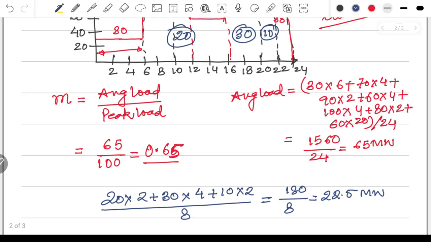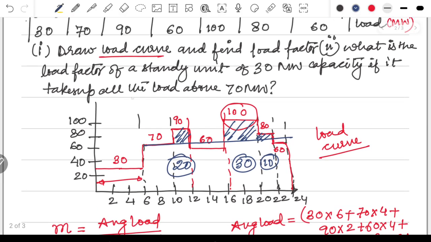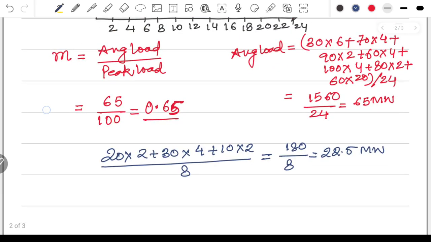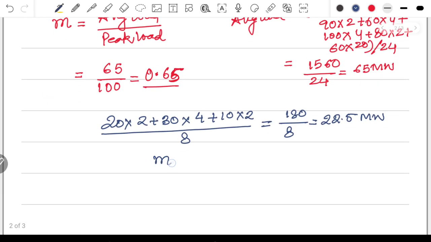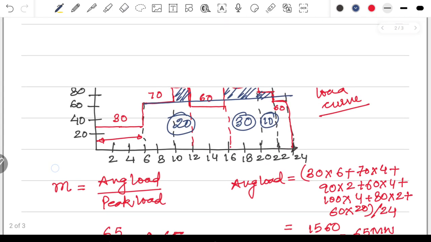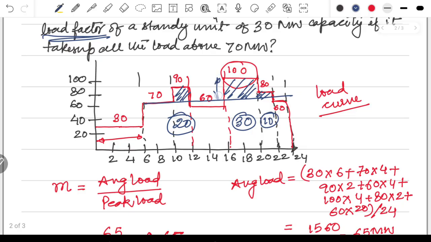Now the load factor has been asked. So the load factor for this unit will be 22.5 divided by the peak load, and the peak load for this particular unit is nothing but 30.